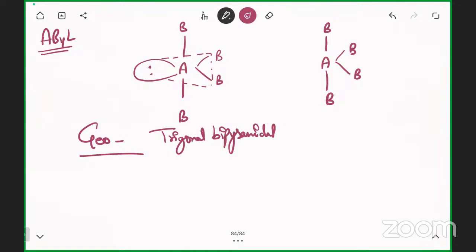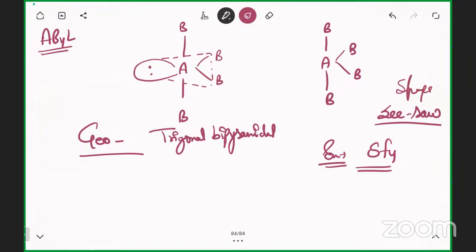I don't know what seesaw is in Hindi or any other language. So the shape is seesaw, and an example you can use here is SF4. The shape will be seesaw, and the geometry will be trigonal bipyramidal.